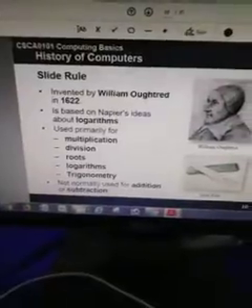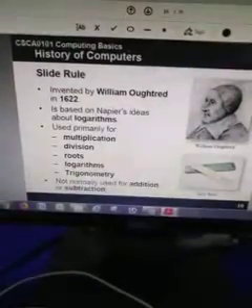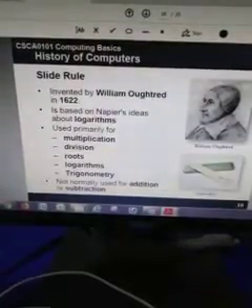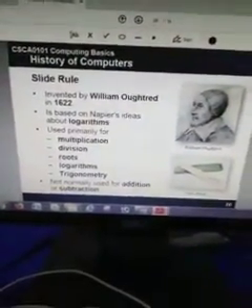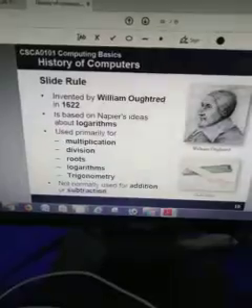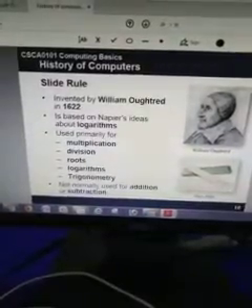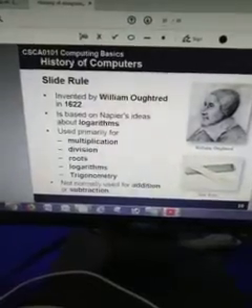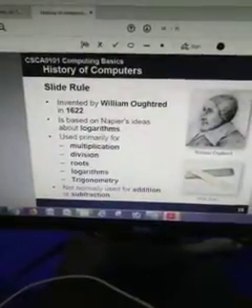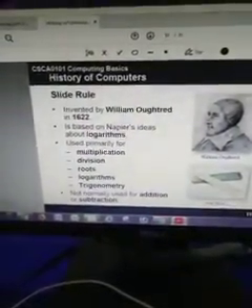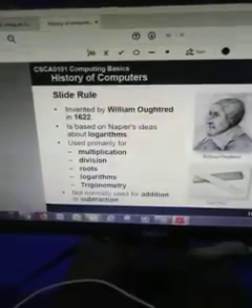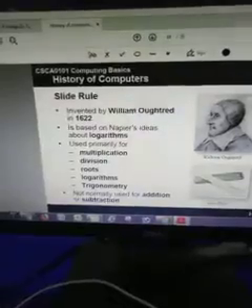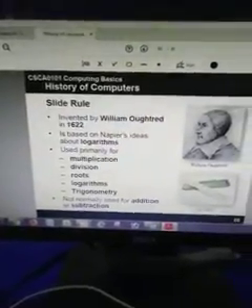Slide rule. The slide rule was invented by William Oughtred in 1662. It was based on logarithms. It was used primarily for multiplication, division, roots, logarithms, and trigonometry.